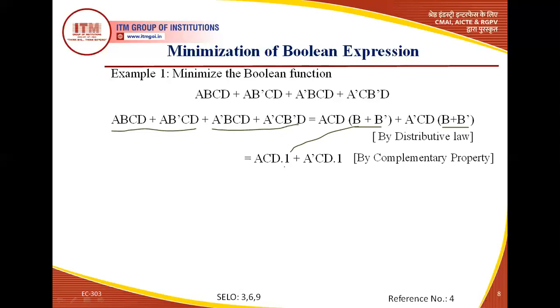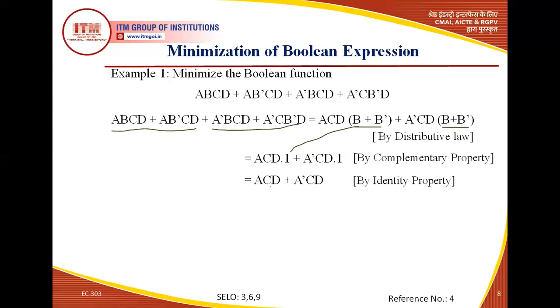Now ACD dot 1 or A dash CD dot 1 is equal to the same term. That means we know that A dot 1 equal to A, also B dot 1 equal to B. That is the identity property of Boolean algebra. So by using that property, ACD dot 1 equals ACD, and A dash CD dot 1 equals A dash CD.